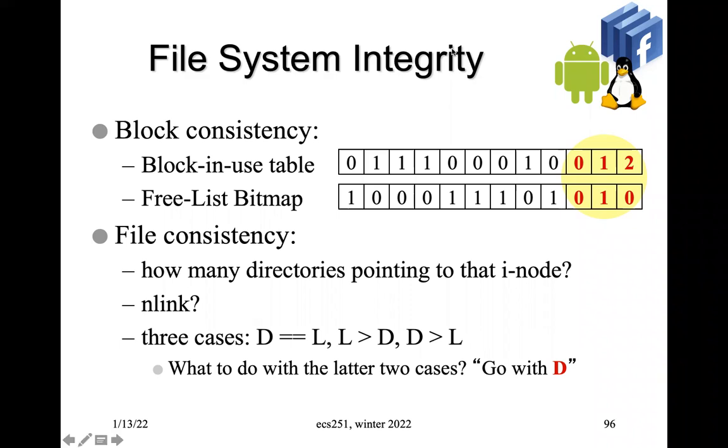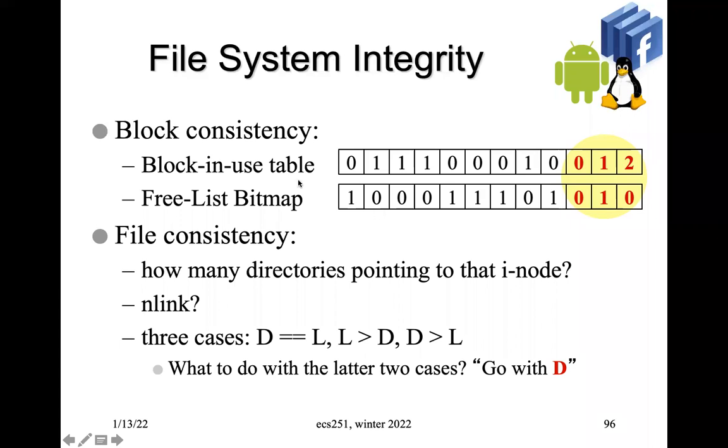If everything is perfect, it should be 0, 1 or 1, 0 between these two tables. And there are conditions where they are inconsistent. For a particular block, you will have 0, 0, or 1, 1, or 2, 0. Those are the possibilities.